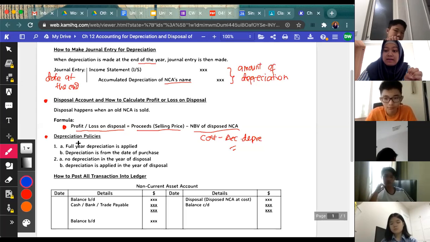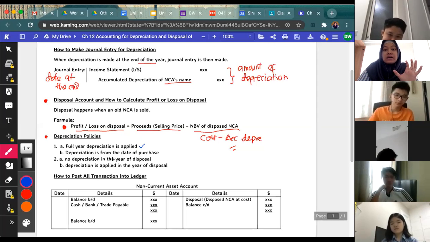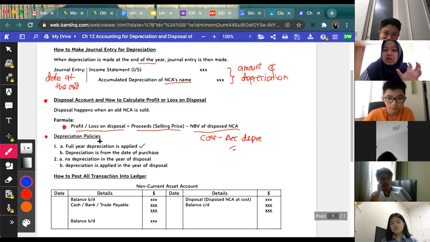So if this policy applied, that means you don't have to calculate or adjust your depreciation using how many months it is. But second policy is depreciation is from the date of purchase.